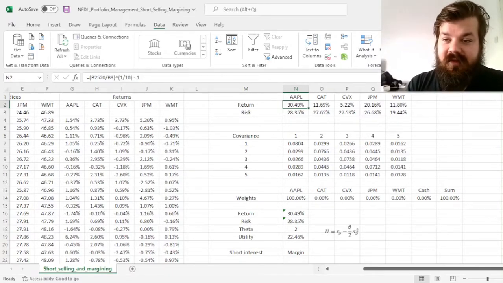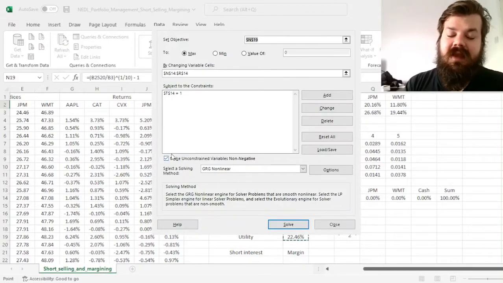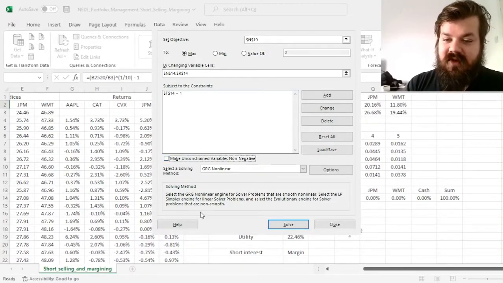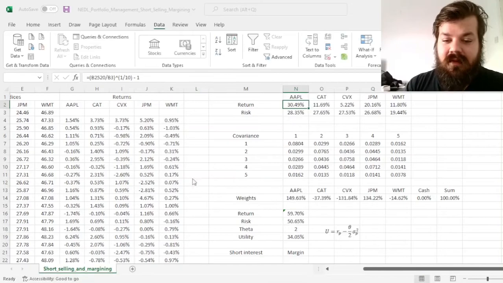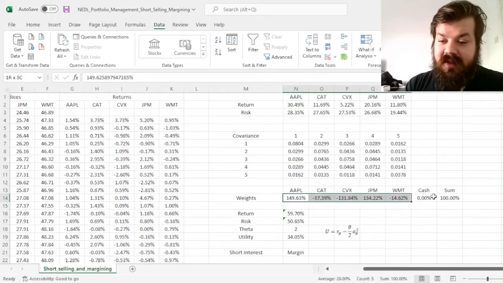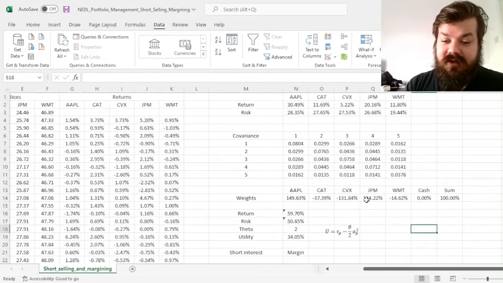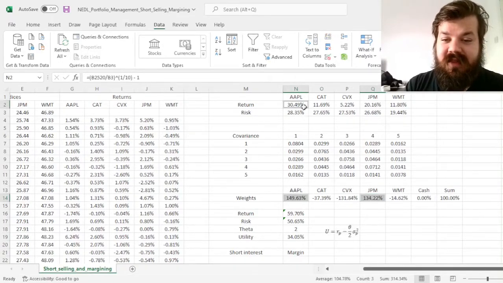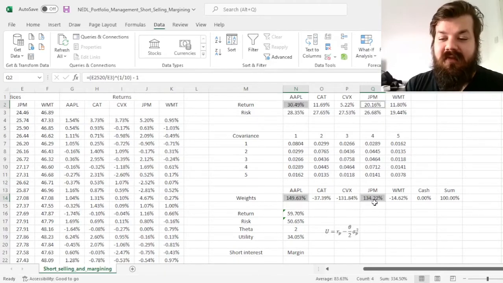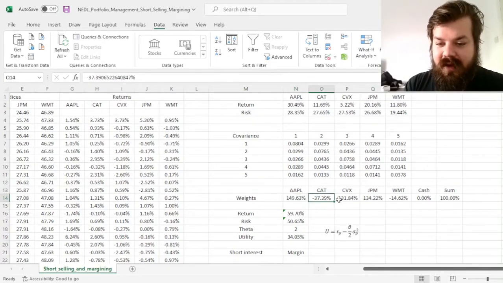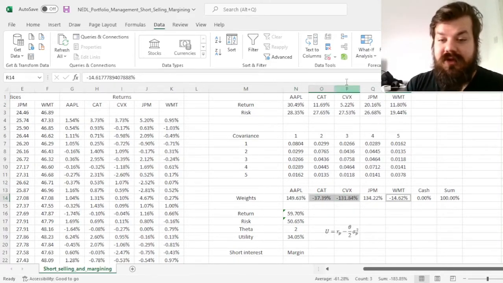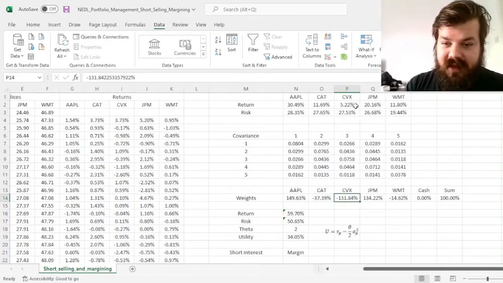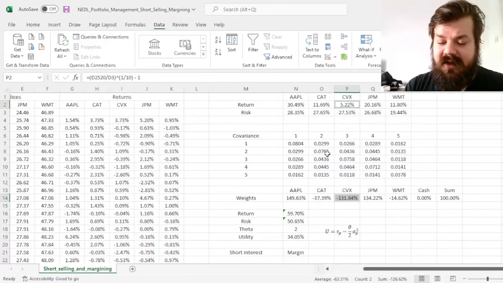So in this case, if we want to see what will happen if the short selling restriction is lifted, so if we untick this box, we will see quite an unrealistic allocation where we've got very high positive exposures to the 2 stocks with the highest returns, and we fund this leverage by taking on negative exposures to the other 3 stocks.